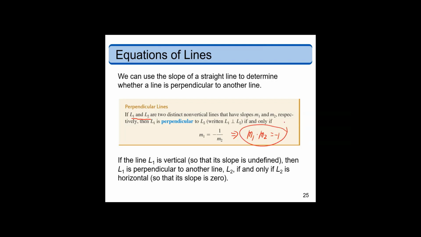So use whichever one you like. If you know the slope of one of the lines, you know the slope of the other line when they are perpendicular to each other. You can also use this symbol to represent two lines perpendicular to each other at a 90-degree angle. That indicates that they are two perpendicular lines.